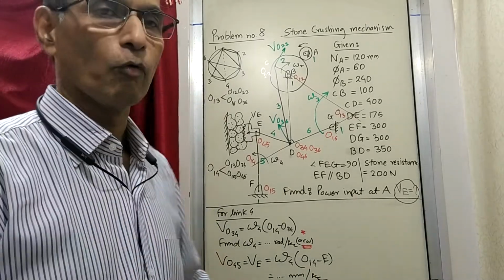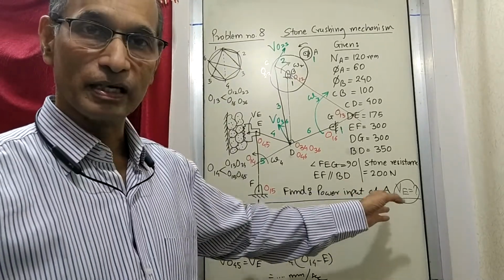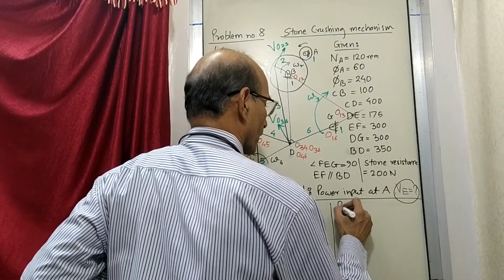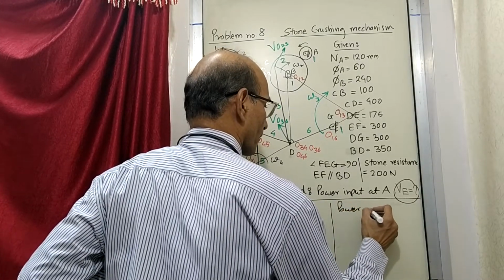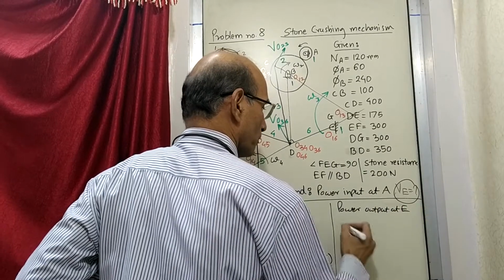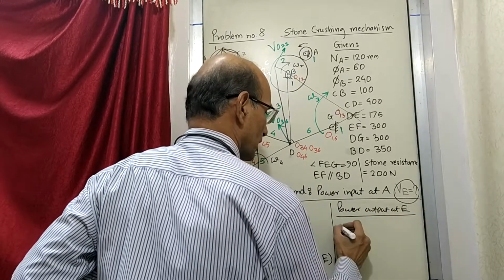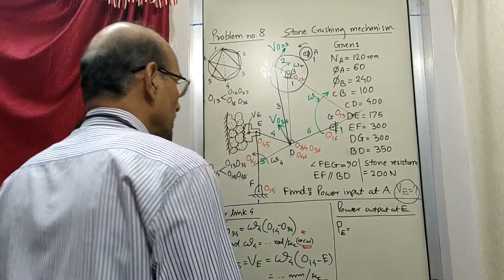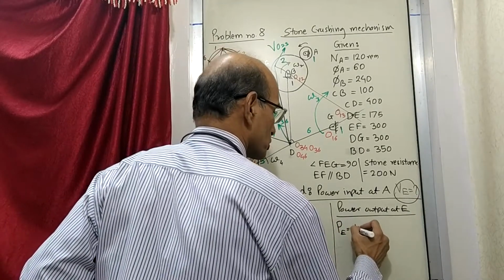So once you know VE, what it means, we have just now earlier discussed. So power output now. What is the power output at E? Power at E is equal to force.